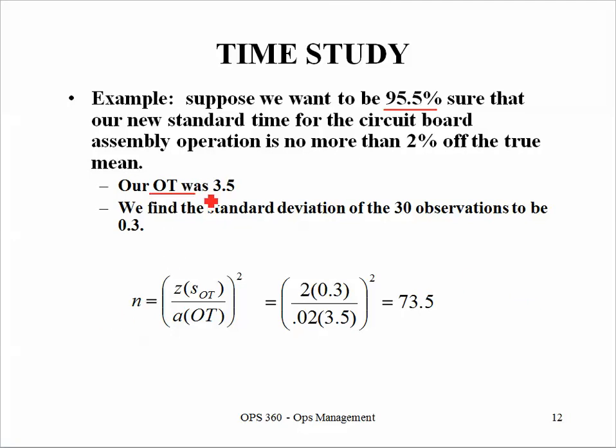If the observed time was 3.5 minutes, and the standard deviation of the 30 observations was 0.3, then I plug the standard deviation in here. Here's the percent off I want to be from the true mean. Well, that 2% corresponds to 0.02.